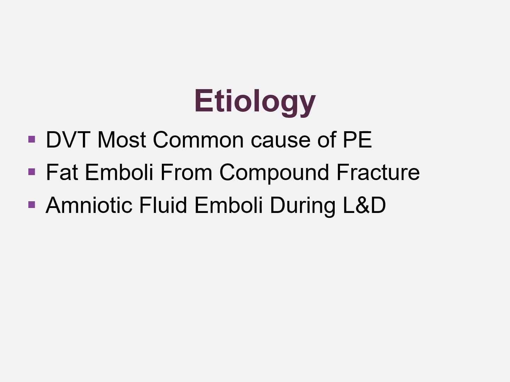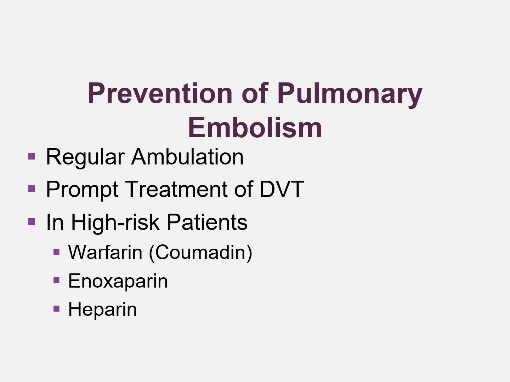Amniotic fluid emboli can also occur during labor and delivery. Things that might help us prevent a pulmonary embolism would be things like regular ambulation, prompt treatment of a DVT, and anticoagulants in any high-risk patients like warfarin, enoxaparin, or heparin.